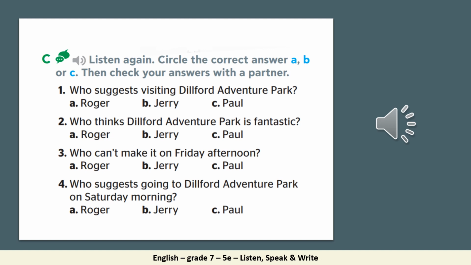Hello? Hi, Roger. How are things? Hi, Jerry. Not bad. Listen, I was thinking of going to Dilford Adventure Park. Nice. So you like the idea? Do you fancy coming along? How could I say no? It's a fantastic park. Great. I asked Paul to come too, and he said yes. So, when are we going? You didn't say. Sorry, on Friday at about 5 in the afternoon.